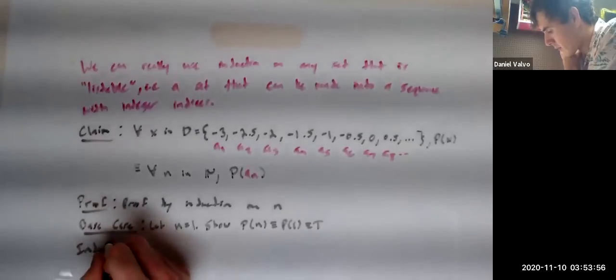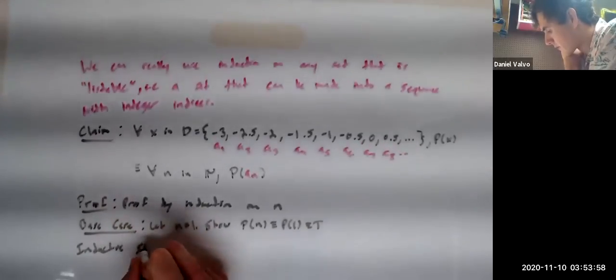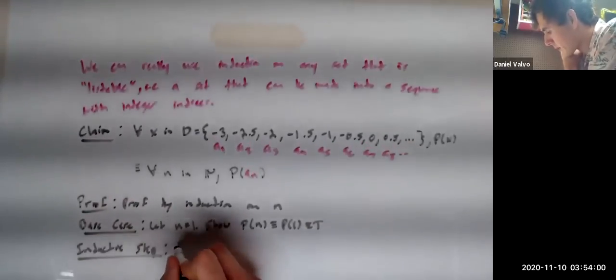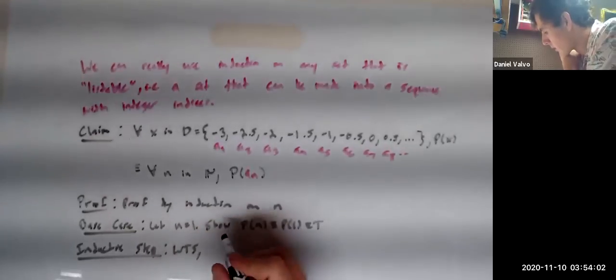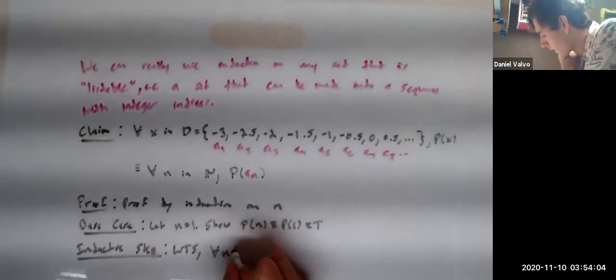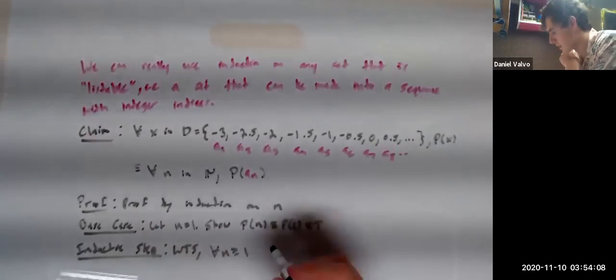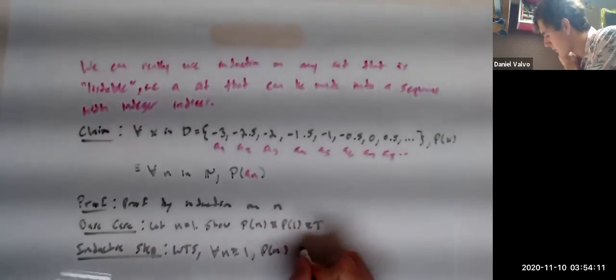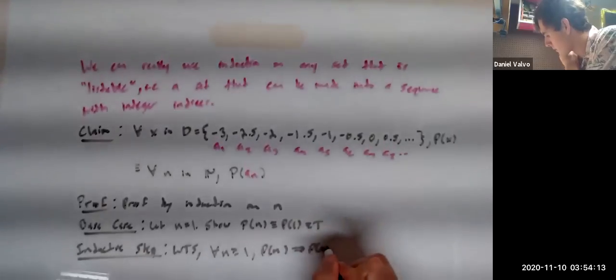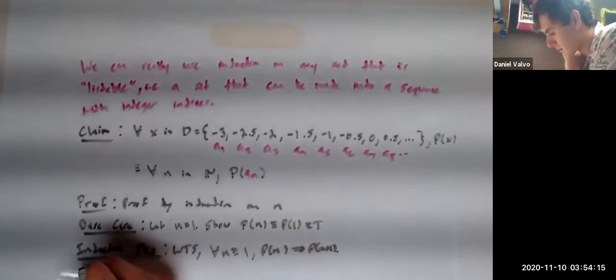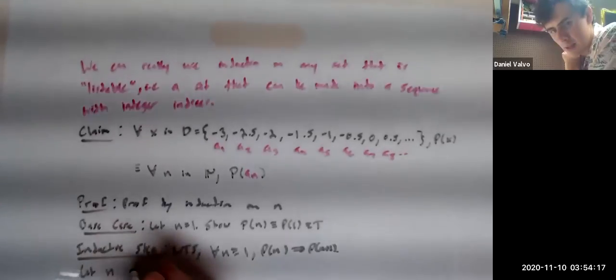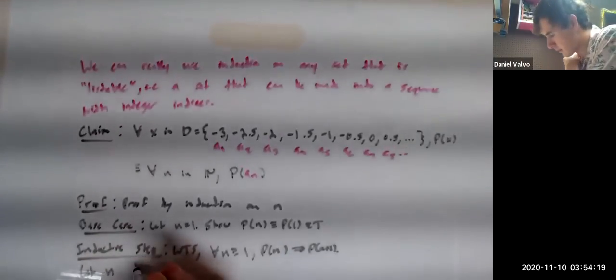And then we have our inductive step. And here we want to show that for all N greater than or equal to 1, P of N implies P of N plus 1. Here's how we do that.